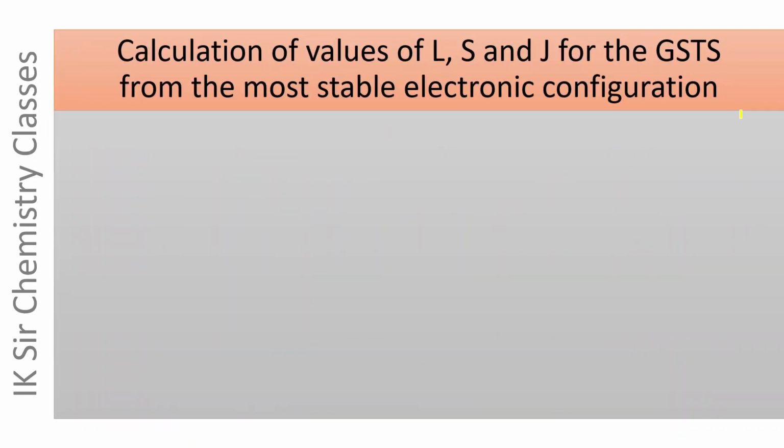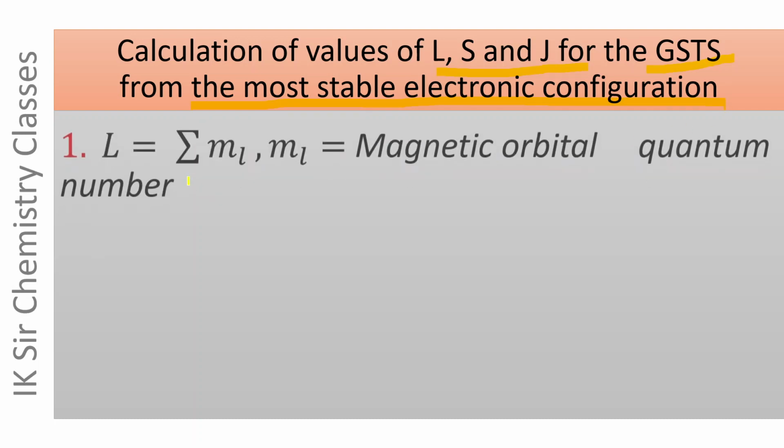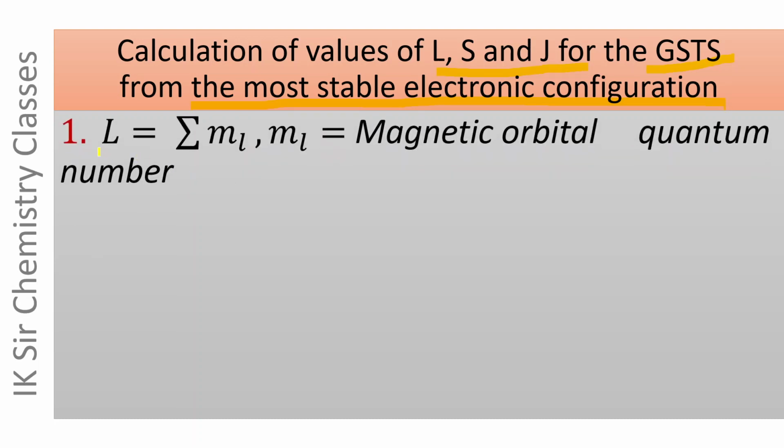Calculation of values of L, S and J for the ground state term symbol from the most stable electronic configuration of the atom or ion. Capital L, that is the resultant orbital angular momentum quantum number, is equal to the summation of m_l values of all the electrons, where m_l is the magnetic orbital quantum number.